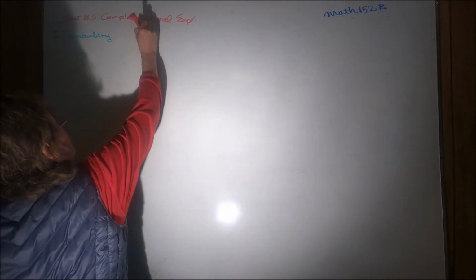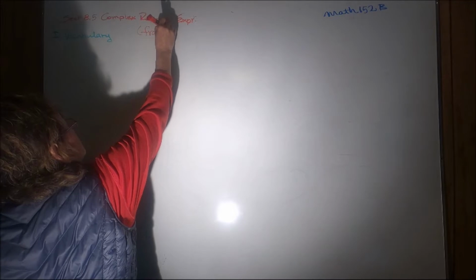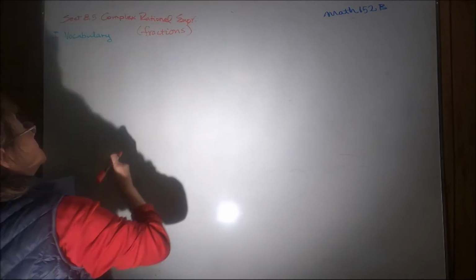We are on section 8.5, page 27. We are going to talk about something called complex rational expressions. That means what? Complex fractions, right?